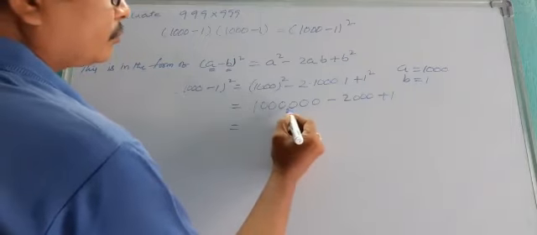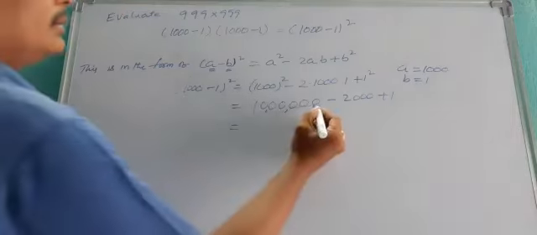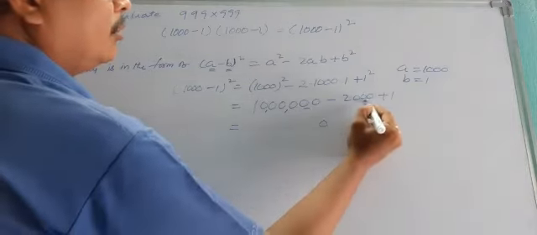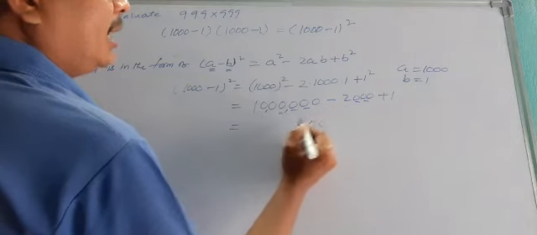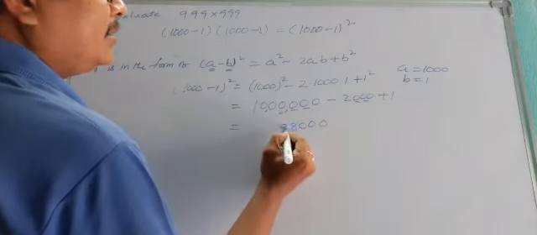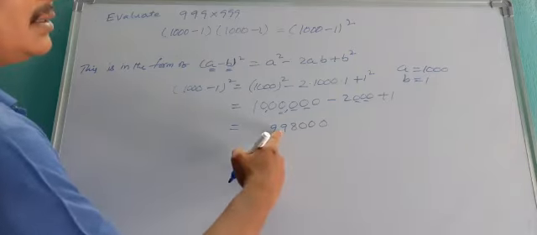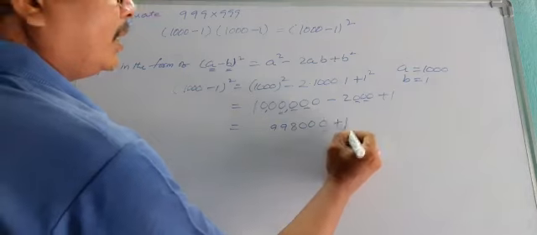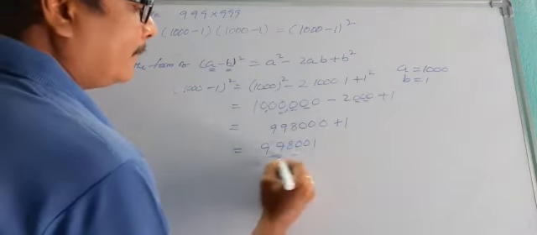So how much? 10 lakhs minus 2000. 0 minus 0 is 0, 0 minus 0 is 0, 0 minus 0 is 0. This is 10, 10 minus 2 is 8. Now 9 is there and the remaining 9. So that is 9 lakhs 98,000 plus 1, that equals 9 lakhs 98,001 is the answer.